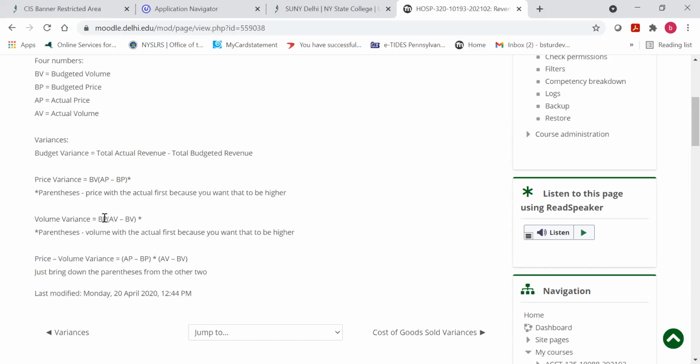And this is going to be the difference in the number of covers or the number of rooms. And then again, you multiply it by whatever the budgeted other is. Price volume variance, you just bring the parentheses down and multiply. That's it.